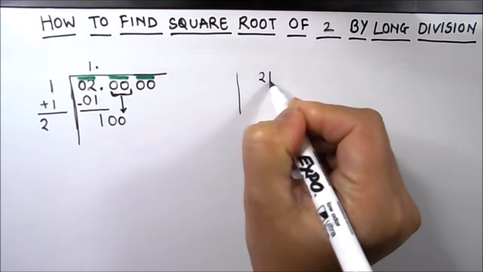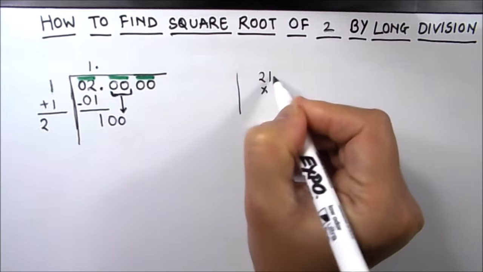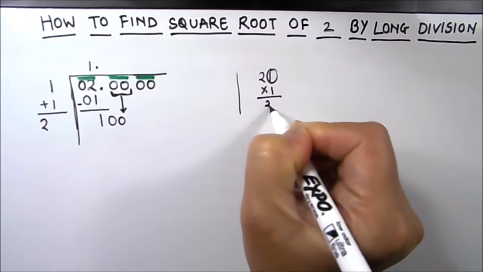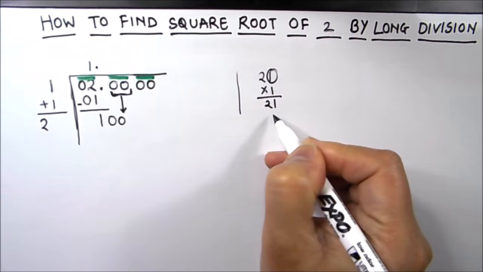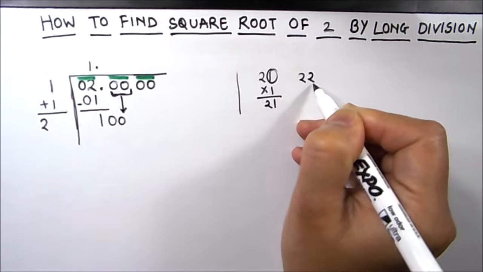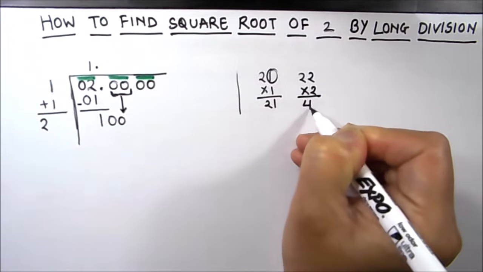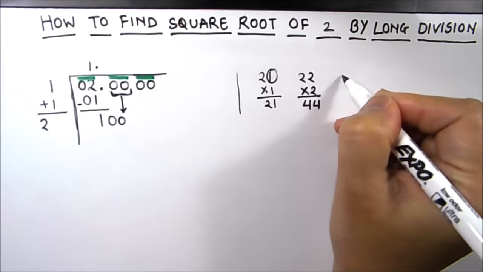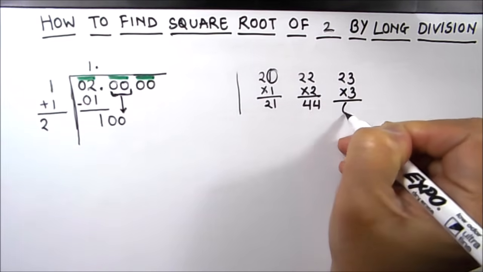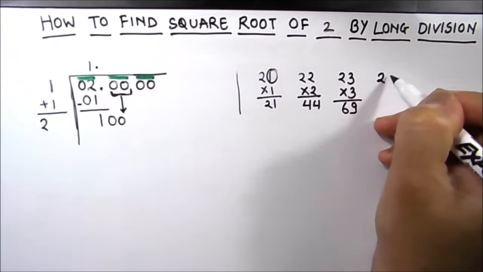So I am going to show this step here in our rough work. If we take 1 here, we have to multiply this 21 by this number only. So 21 times 1 will be 21. This is very much less than 100, so we are not going to annex 1 here. Let's take 2. So this becomes 22, and 22 times 2 will be 44, which is also very much less than 100. If we take 3, then we'll get 69, which is also less than 100. Let's take 24.